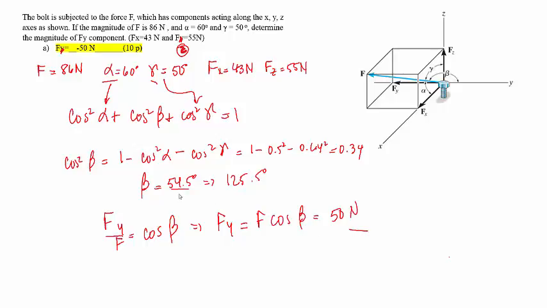If you use 54.5, you would get a positive number. Now you know that this component y goes to the left, and that's why if you use 54.5, then use a negative. If not, you have here a negative 50 newtons. Okay.